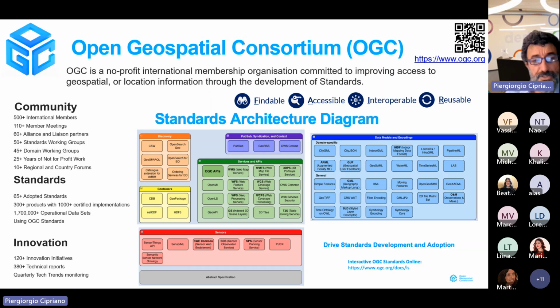At the moment, the OGC has adopted 65 standards, and there are already more than 300 products and more than 1,000 implementations that have been certified. So software products and software implementations that provide data or services compliant with OGC standards.